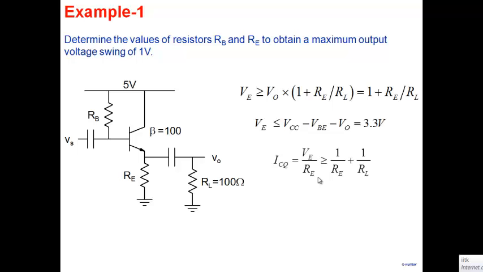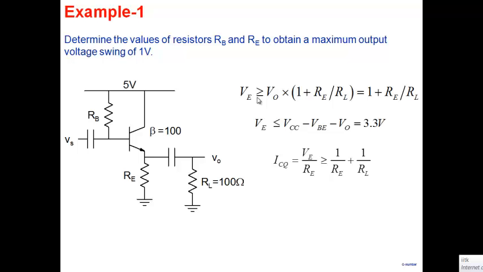Note that one of the things you should do as a designer is this: the user is asking for a swing of 1 volt, and the supply is given as 5 volt. Your design should draw minimum power from the supply. You should not unnecessarily use values of RE and VE that draw a lot of power from the supply.